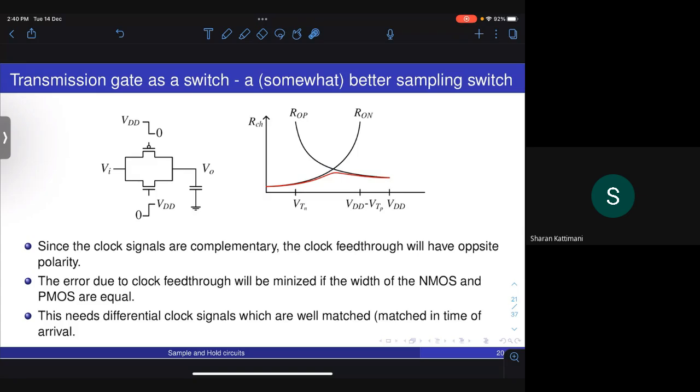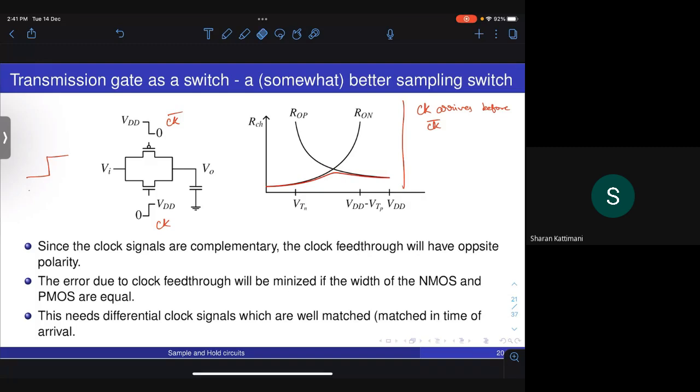Why do I say that? Let's say one of the clock and clock bar arrives earlier than the other. Let us say, for the sake of argument, clock arrives before clock bar.